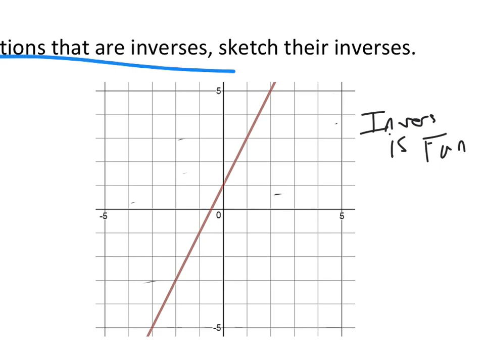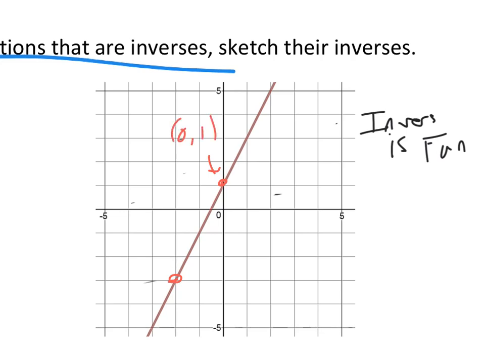Okay. Now again, since this is a straight line, I really only need 2 points to help me with the graphing. So I'm just going to pick some ordered pairs I can see. This one here will work, and this one here. The first ordered pair that I chose is 0, 1.